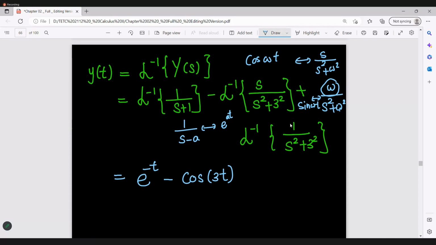So we have to convert this into 3. That means we need to multiply the numerator by 3, and if we are multiplying, we need to divide as well. So we put 1 over 3 in the front. So what should be the answer then? Plus 1 over 3 sine 3t. Once you have obtained this answer, to complete it, you need to write this additional condition t greater than 0 as well.